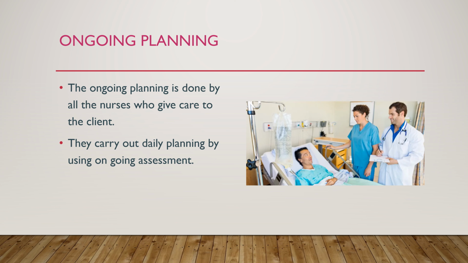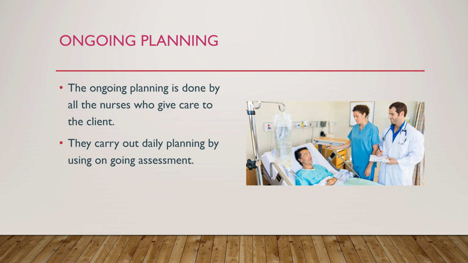The second part of planning is ongoing planning. Ongoing means that which continues. So ongoing planning is done by all the nurses who give care to the client. Since the initial planning is done by the one who receives the patient for the first time, and once her shift is over and another staff comes, she goes for her own continuity of care.